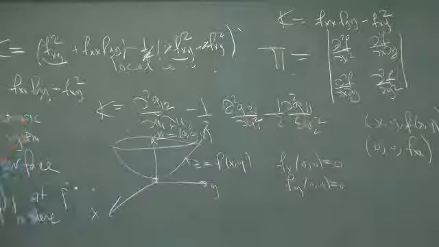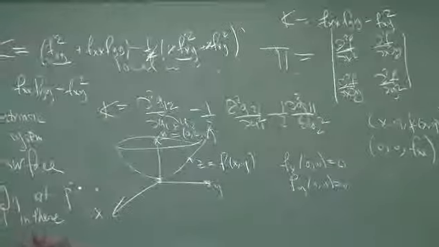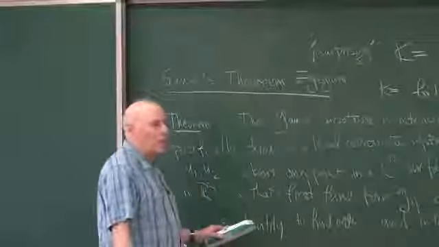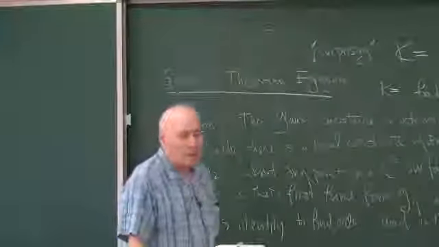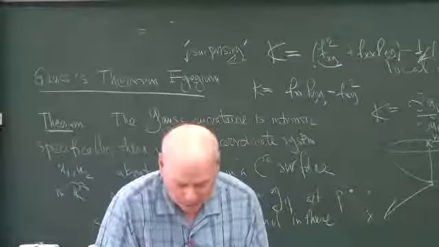Okay, so what did we prove? We proved Gauss's theorem egregium, which says that the Gauss curvature only really depends on the metric. So the Gauss curvature is intrinsic, which is a great result, and everything is based on that idea.